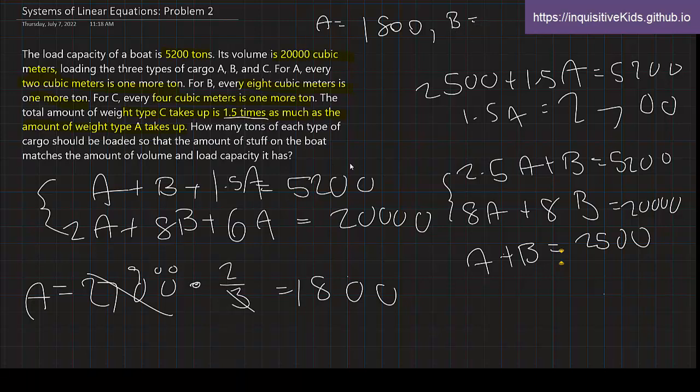B would be equal to, let's substitute A in, and that would be equal to 700. And also include labels, yes. So C would be equal to 6A, which means C would be equal to 6 times 1,800. And that's going to give us 10,800.